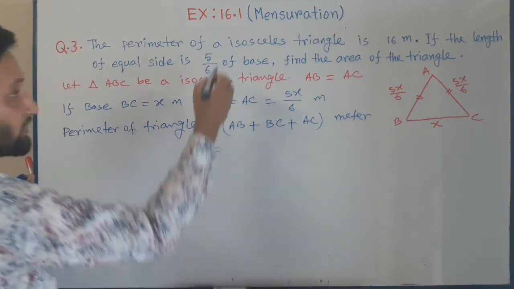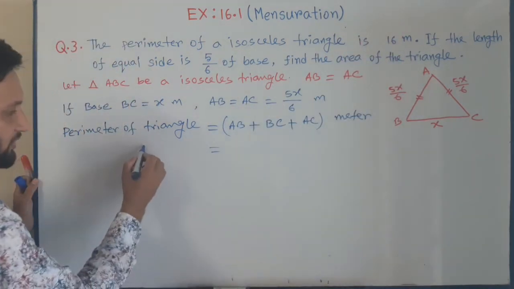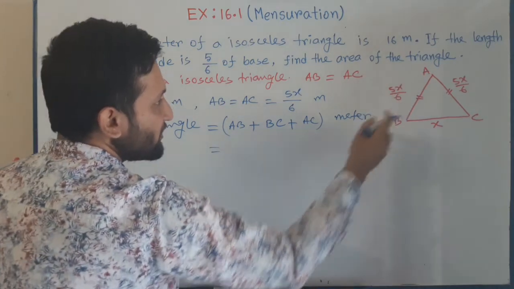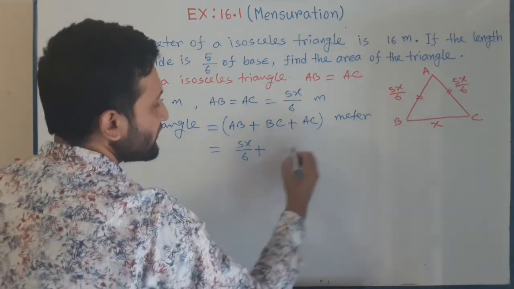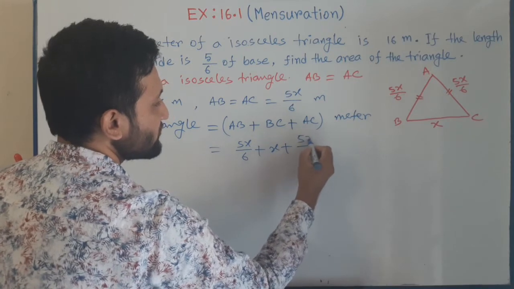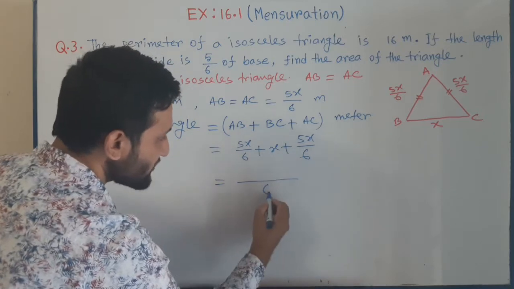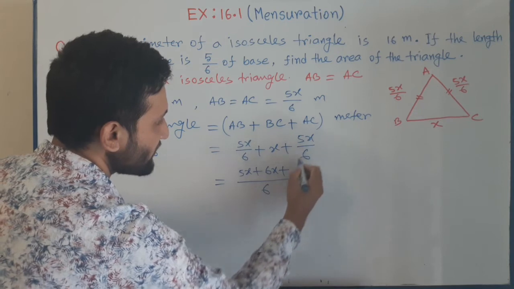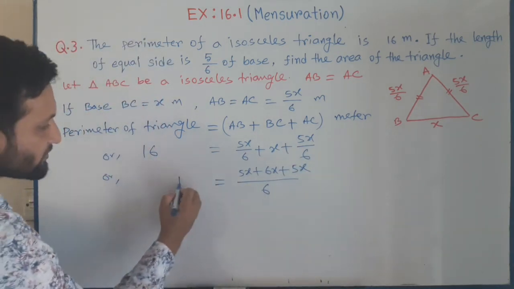So putting the values here, the perimeter of this isosceles triangle is 16 meter. So we use the perimeter 16, and then AB plus BC plus AC: AB is 5x by 6, BC is x, and AC is 5x by 6. Now by simple calculation, the LCM is 6, so 5x plus 6x plus 5x on the left, and the right-hand side is 16.